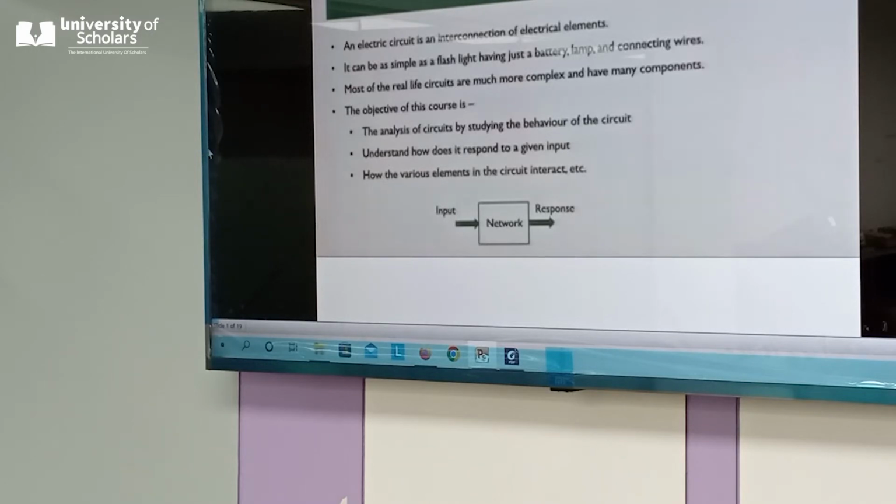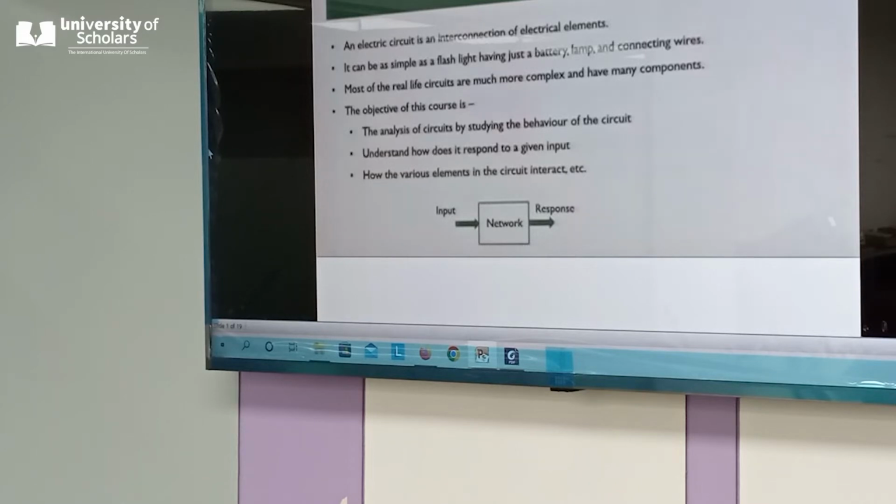So now if you see Maxwell's equations of electricity and magnetism, they are mostly talking about the electric field. And if you check the commercial interest, they are more into voltage and current. Okay, so that is why we are interested in basic electrical circuits.